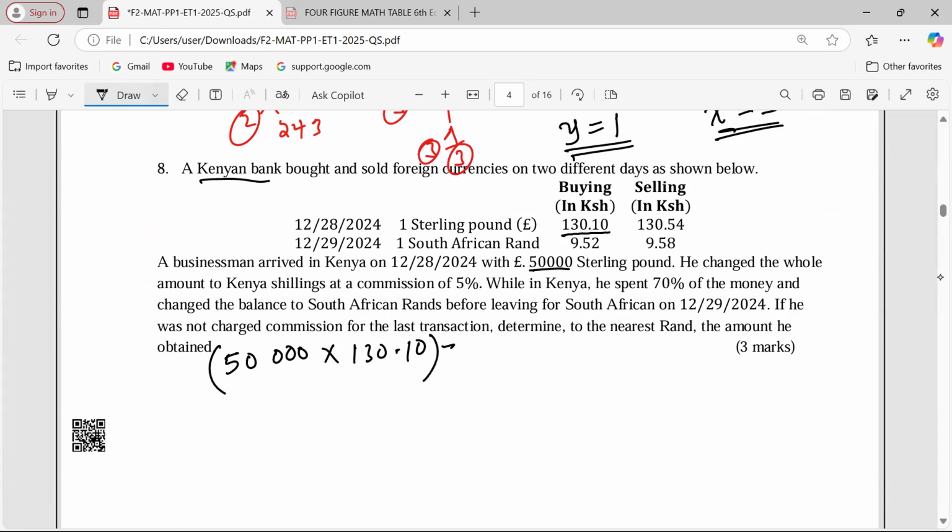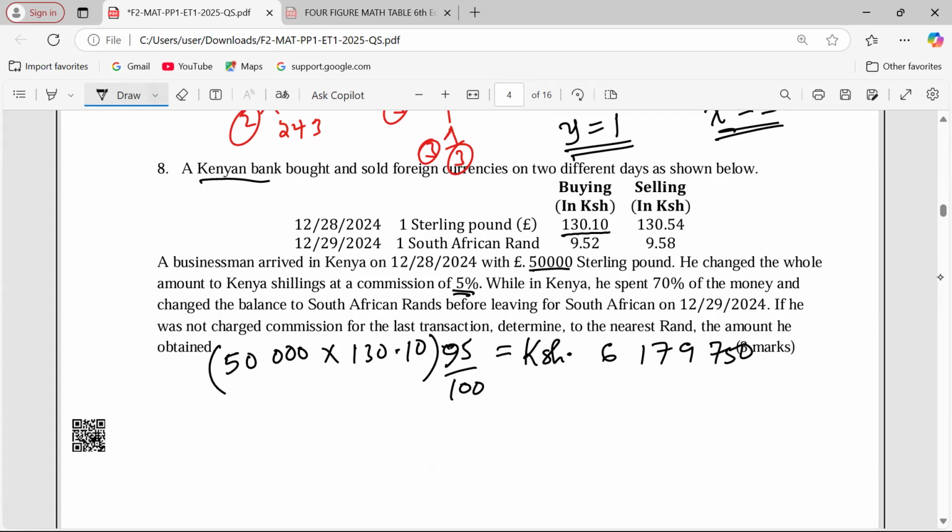Because of the 5% commission at the bank, you will receive 100 minus 5, which is 95% of this. So we shall have 50,000 multiplied by 130.1 multiplied by 95 expressed as a percentage. This is going to be 6,179,750 Kenya shillings. That is the amount he's going to receive.